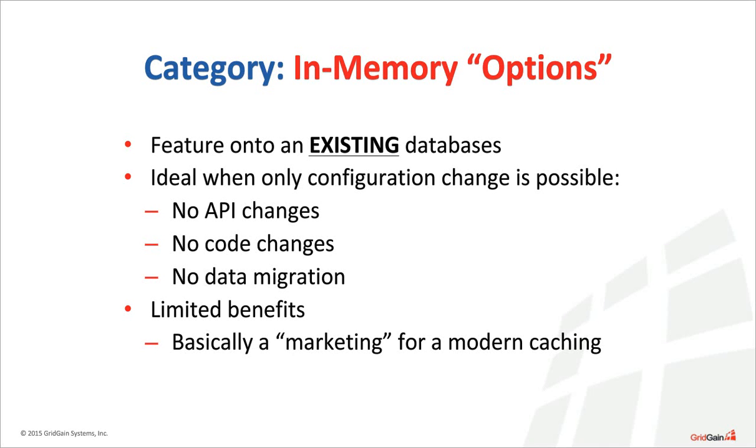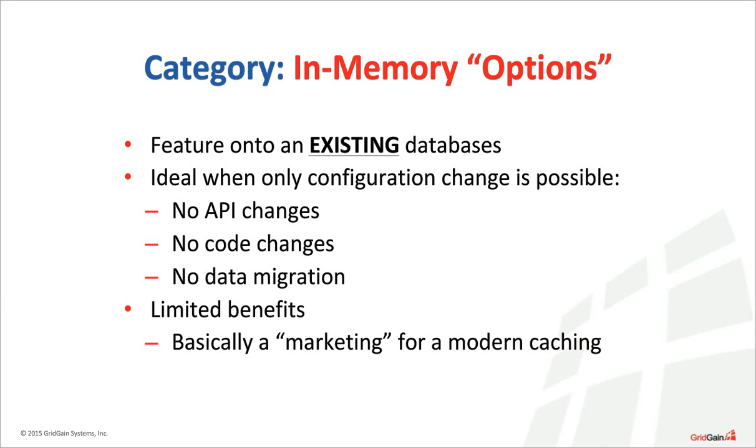Often enough, by the way, we don't even consider this to be part of in-memory computing. But those companies spend millions of dollars marketing these features as part of the in-memory computing trend. So I'm mentioning it here, but really, in my opinion, it's not part of in-memory computing. It's literally an optimization option available in particular products that you can turn on and off, and see what kind of performance increase you can get.